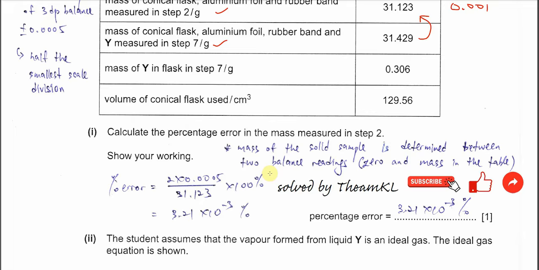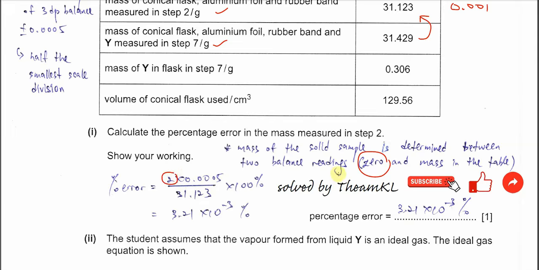0.000. After that, we put the sample and measure again. So actually we read 2 times, meaning the 0 is also considered as one reading. So that's why we need to use the uncertainty I told you just now, 0.0005 because it's a 3 decimal place balance, times 2.